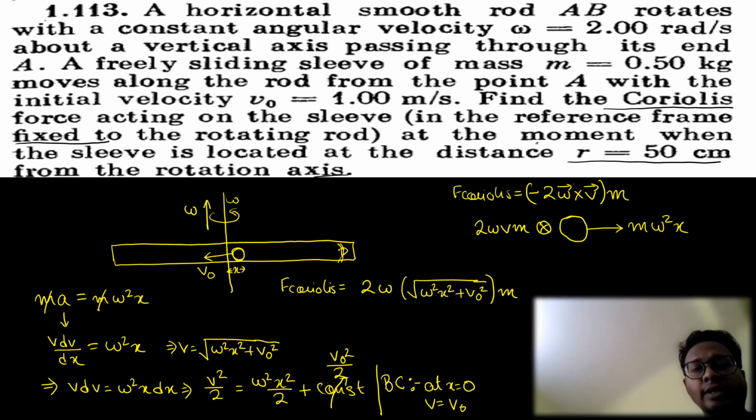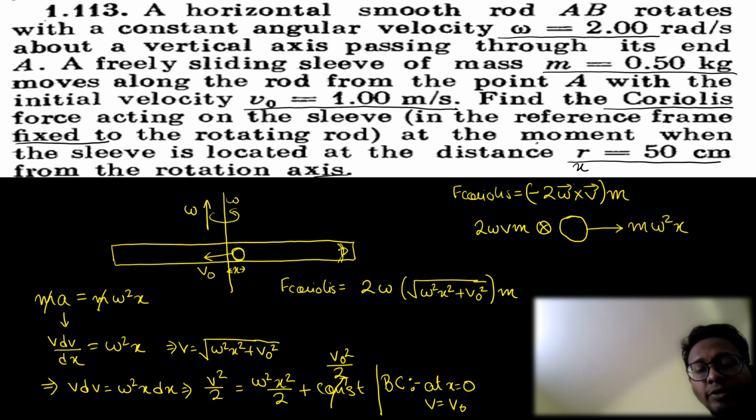Now in this question, omega is 2 radians per second, m is 0.5 kg. We have to find the value of Coriolis force at x equal to 50 centimeter, and v naught is 1 meter per second.